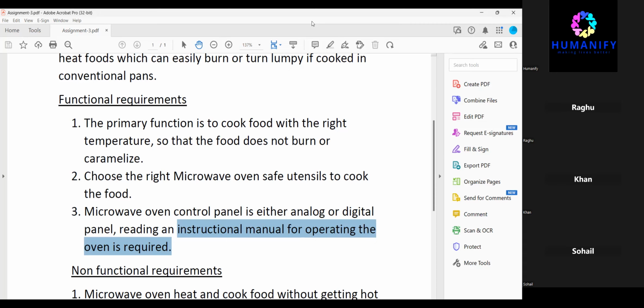But I must say it's a very good effort from everyone who has completed and who has participated in the discussion in today's session. Please keep in mind, these are the things we come across day in, day out.